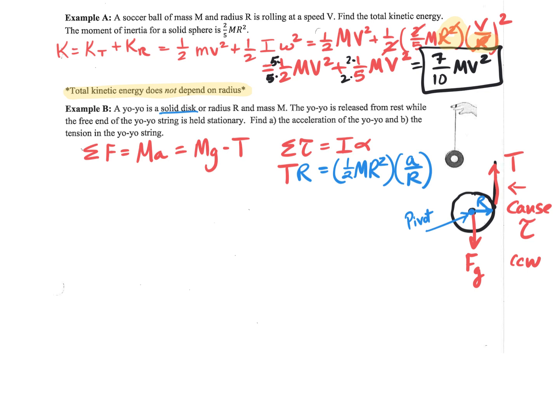Let's work this out, guys. TR equals 1/2 MA over R.